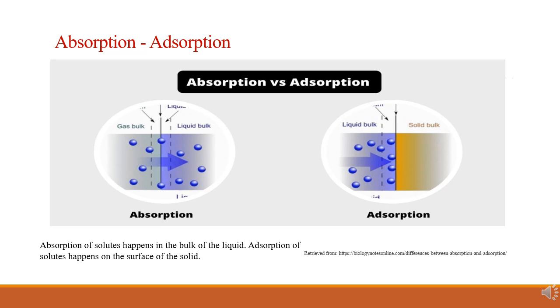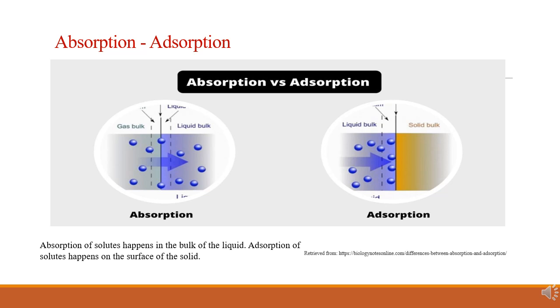While both involve the interaction of a substance with a surface, they differ in terms of mechanisms, application, and the way substances are retained. So, let's explore each of them in detail.